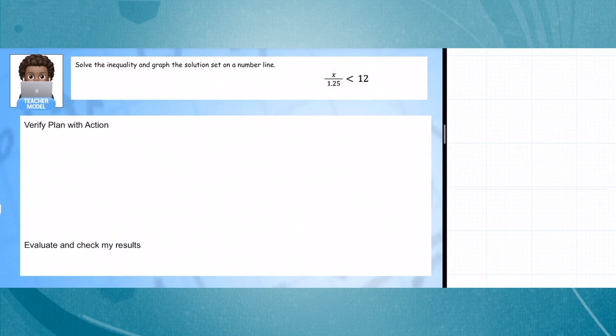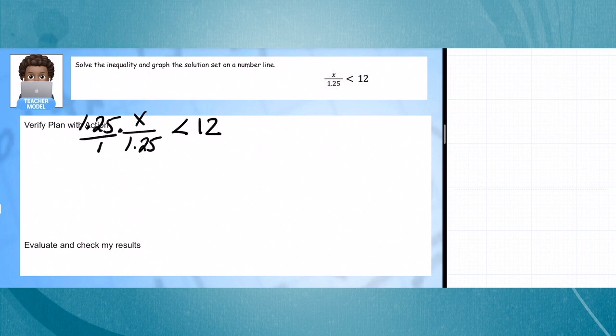We're going to use our EE skills to simplify these expressions. So a number divided by 1 and 2500ths is less than 12. We haven't done these in a while, but remember, I want to isolate this x. So I'm going to use my inverse operation. So a number divided by 1 and 2500ths, so I'm going to do the opposite. I'm going to multiply it by 1 and 2500ths.